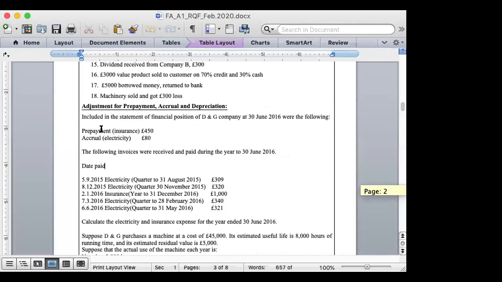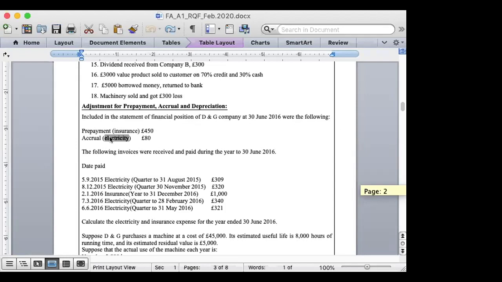One is about prepayments, insurance, and accrual electricity, right? So prepaid insurance is, so we start from the beginning because dates are really important. Included in the statement of financial position, which is the balance sheet, of the company at 30th June 2016 were the following.